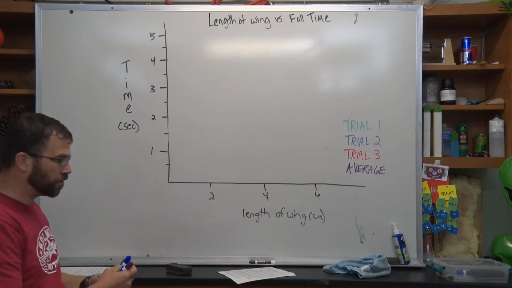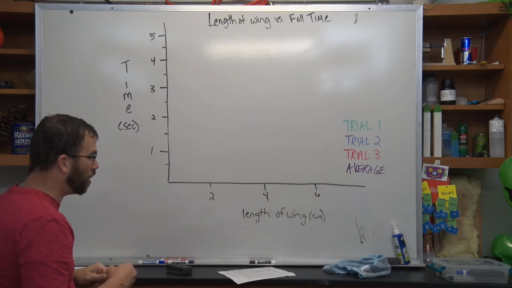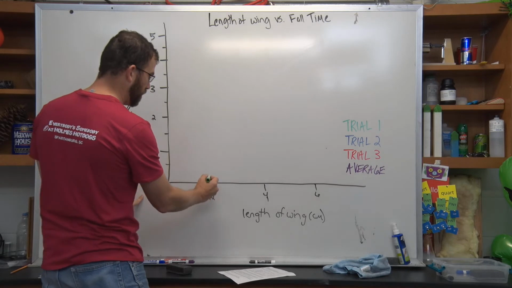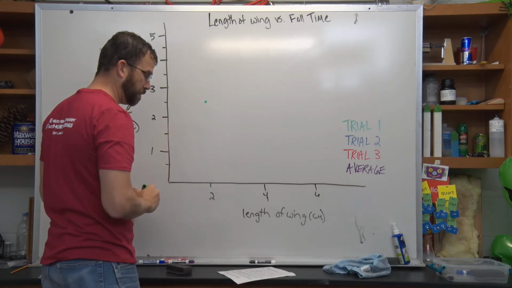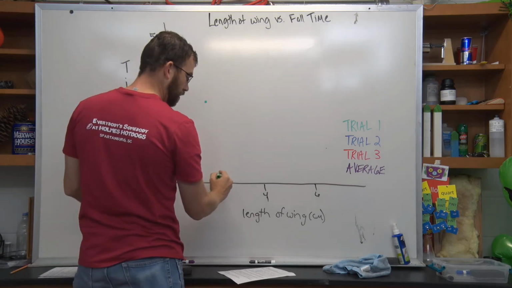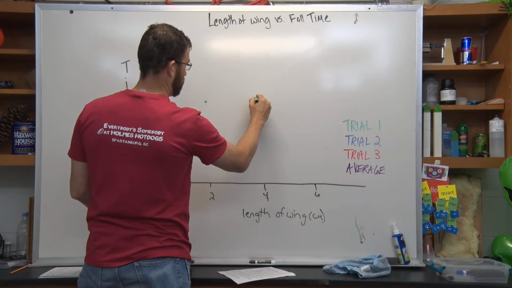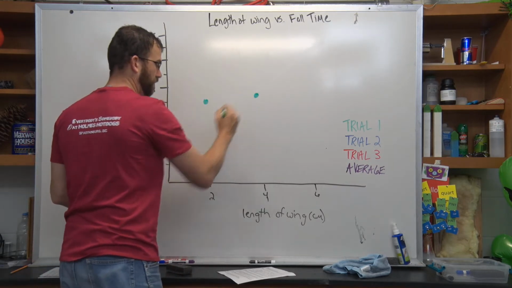Okay, so now I'm going to graph the data. The first one is trial 1. From 2, I got 2.57. Then I got 2.82. This is pretty difficult to graph here, right?